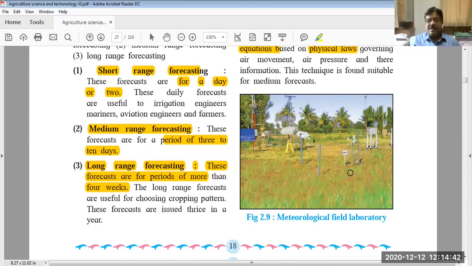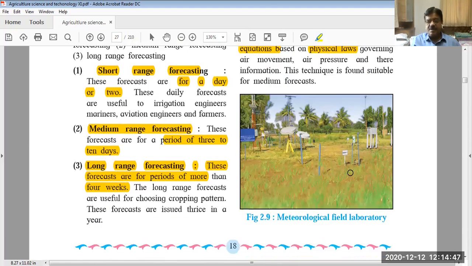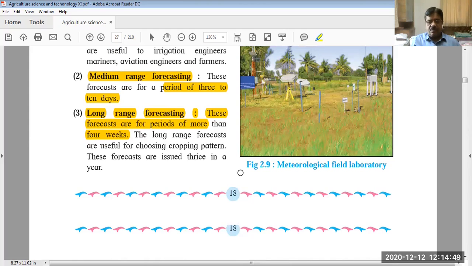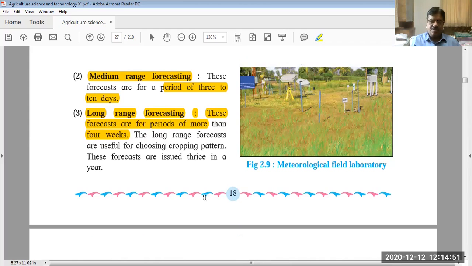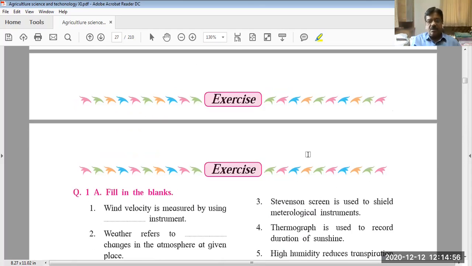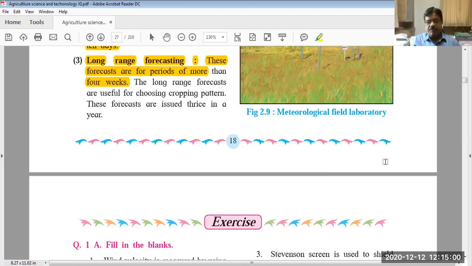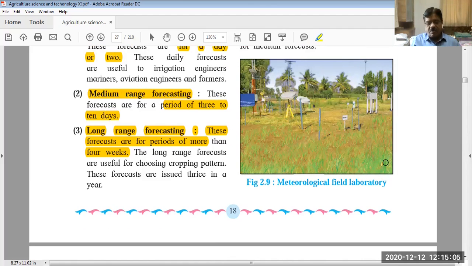Second is the statistical method. This is based on equations. Some sophisticated relationships are calculated between different weather elements, and by calculation, prediction or forecasting of weather condition is done. This is useful for short and long range forecasting. Now the third is the numerical weather prediction technique.